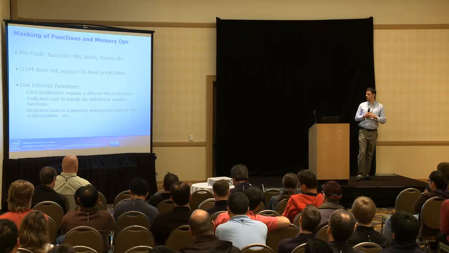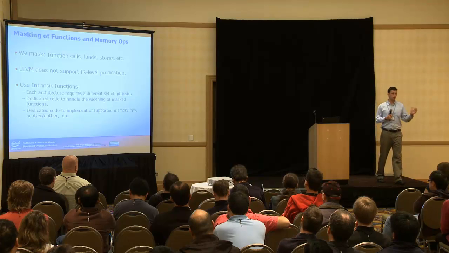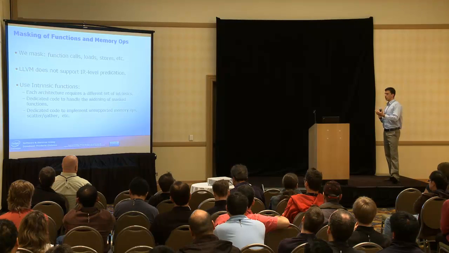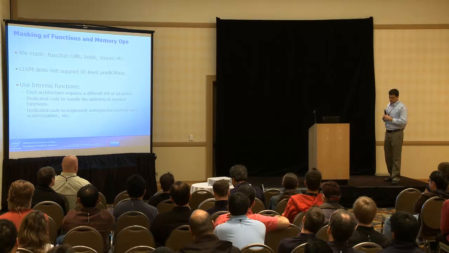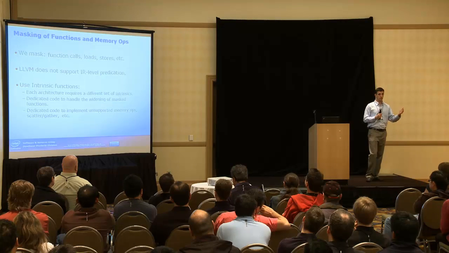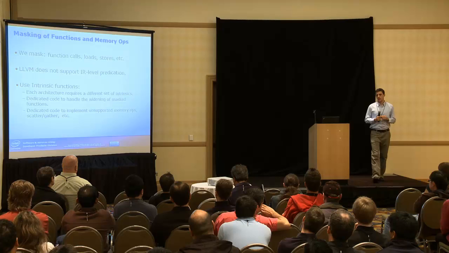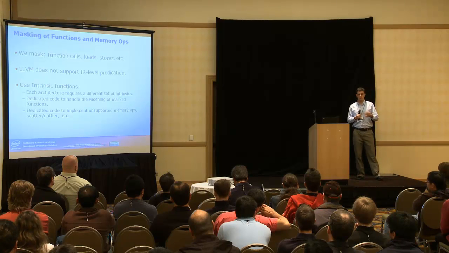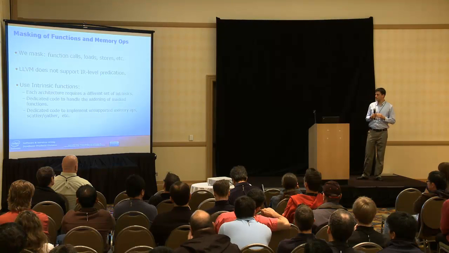And there are other instructions. For example, we can't divide by 0. We need to mask that. OpenCL runs with the floating point exceptions disabled, so we don't need to actually predicate every single floating point instruction, but we do need to predicate some instructions.